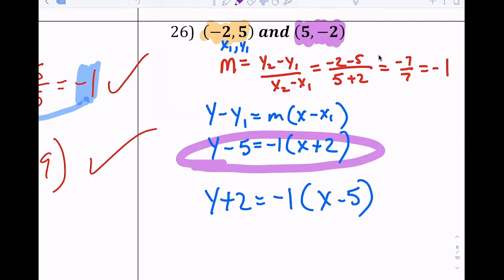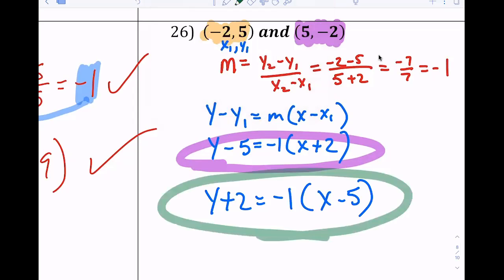That would be the other answer. I always try to tell kids they don't look the same, but guess what? They are the same. I'm not going to take time to show you today, but eventually we'll get to the point where I'll show you and you'll say, okay, I see it now. It's not easy to see, so right now you just have to trust me on that.